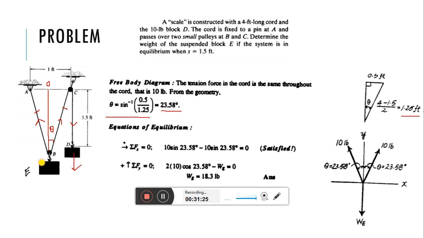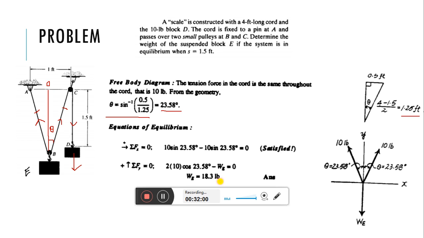Now in this system, if you apply an unknown mass, simply measuring this height CD, you can find out the value of unknown weight, and from unknown weight you can find out the value of unknown mass. Okay, so hope if you are interested you can try this in your home also. Okay, this experiment is not very difficult.